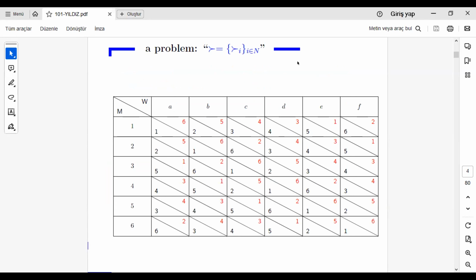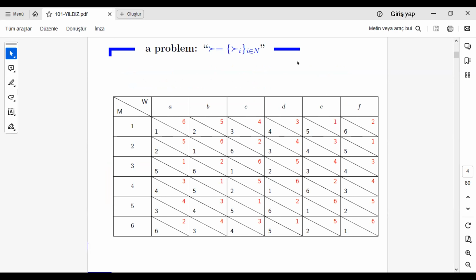Let me give a concrete example here, which I will refer to later on. In this example, we are seeing 6 men, 6 women, men 1 through 6, women A through F. You don't have to look at the numbers, but they are the rankings.